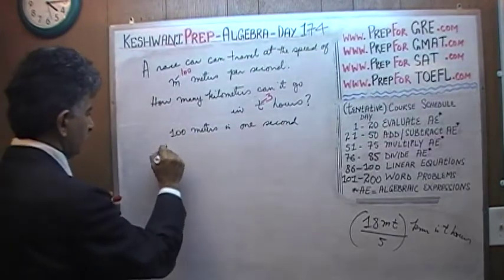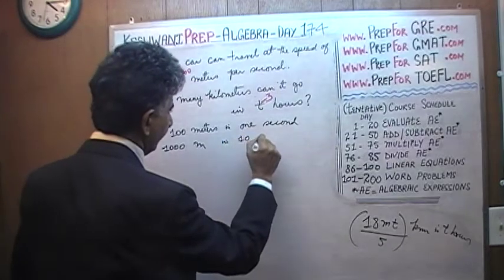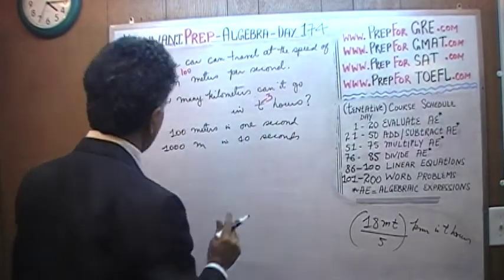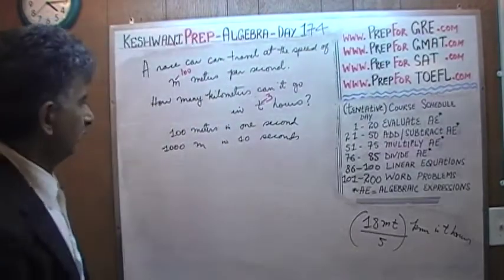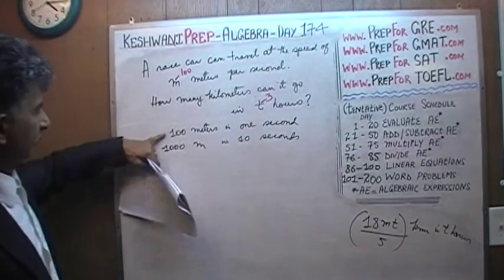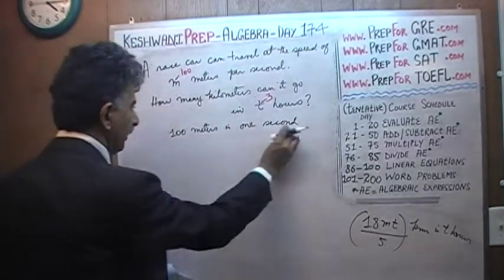That means the guy is going to go 1000 meters in 10 seconds. I'm not sure if I want to go that route. Let's make it simple. Instead of converting these meters into kilometers first, let's first convert these seconds into hours. Okay? I changed my mind.